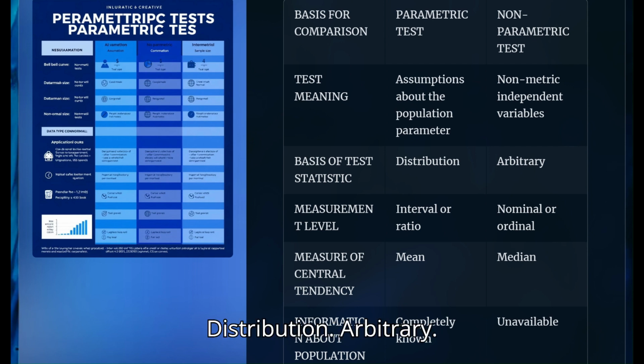Distribution. Arbitrary. Measurement level. Interval or ratio. Nominal or ordinal. Measure of central tendency. Mean. Median. Information about population. Completely known. Unavailable.